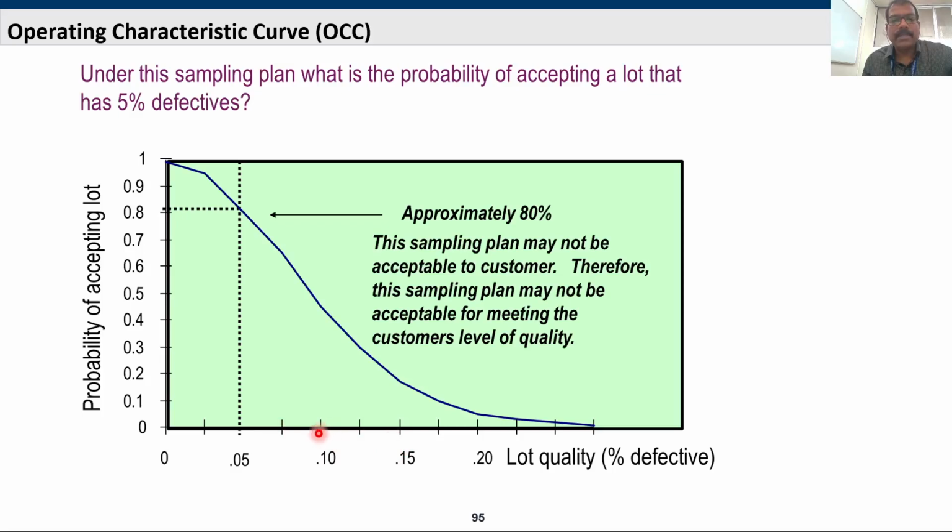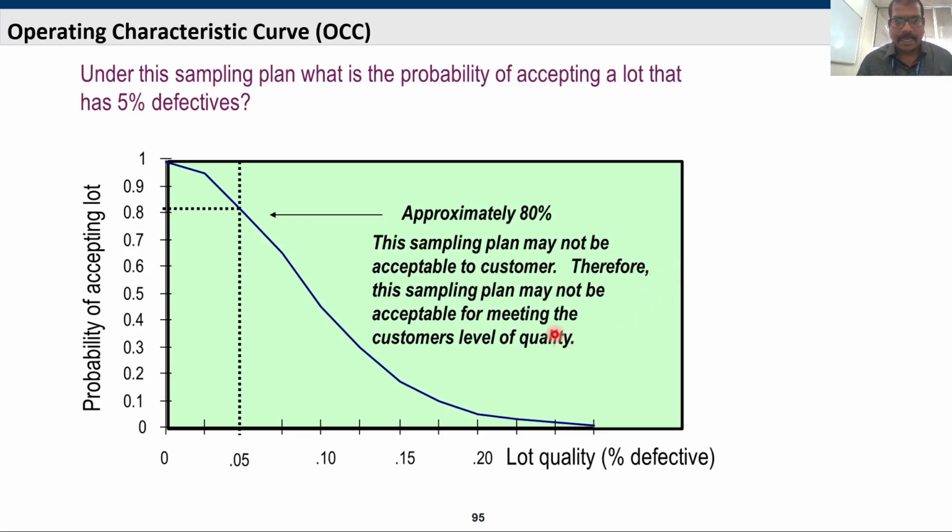For example, if you set 10 percent defective, it will go here, and you will have at most 45 percent acceptance only. But at 5 percent defective, you can have the curve like this, so you can have approximately 80 percent acceptance only. The sampling plan may not be acceptable to the customer.